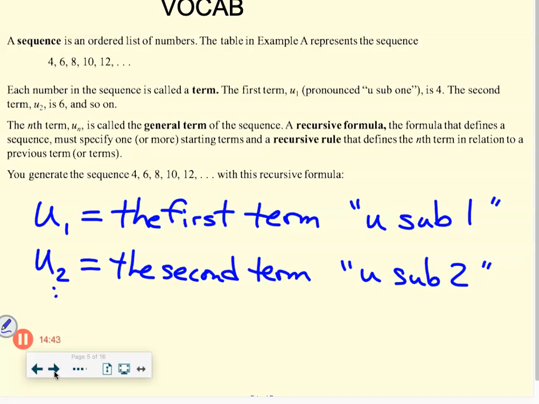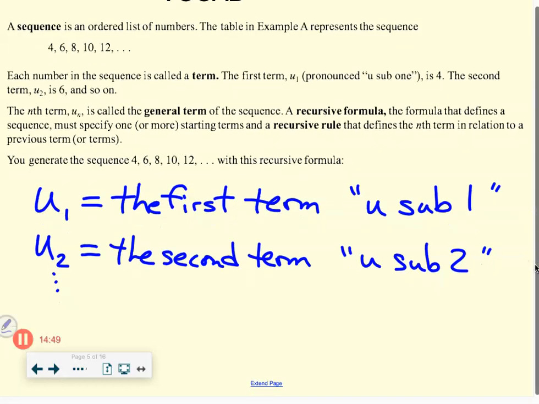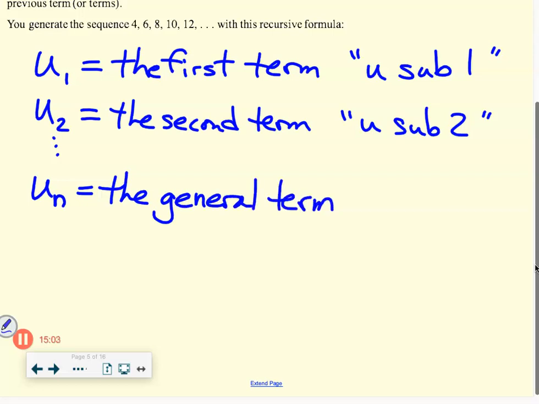But there's also a special term called U sub n. And U sub n is called the general term for the sequence. You could plug any number in you want for n.